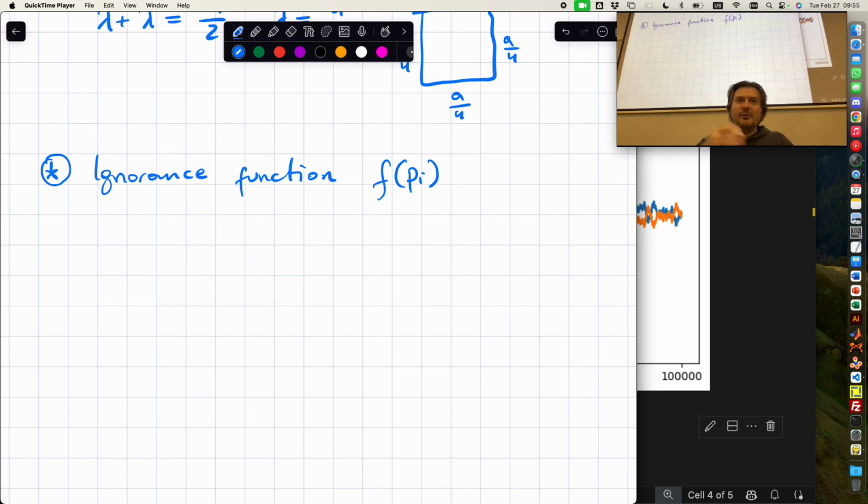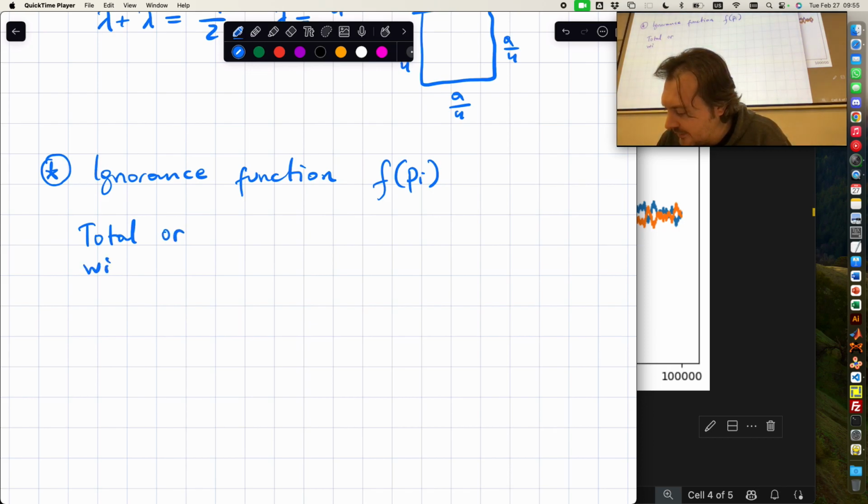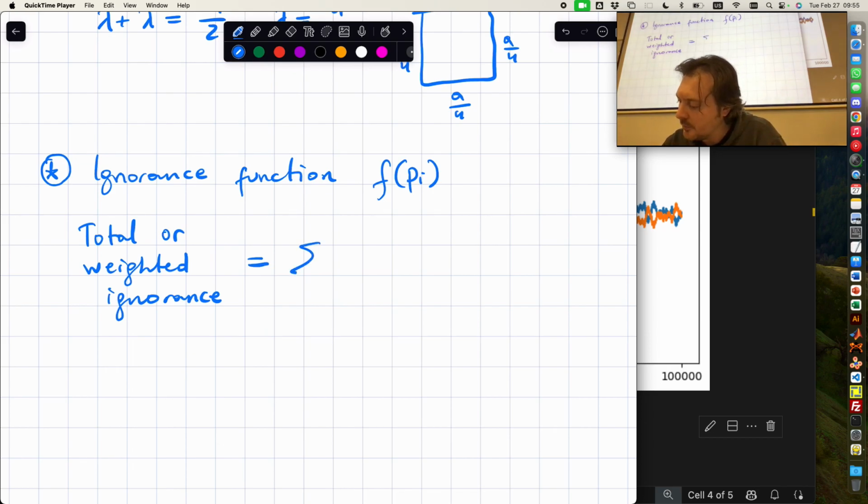And we have P0, P1, P2, P3, etc. So I'm looking for an ignorance function, and my total ignorance, or weighted ignorance, will be the probability of being at that state times the function of ignorance.